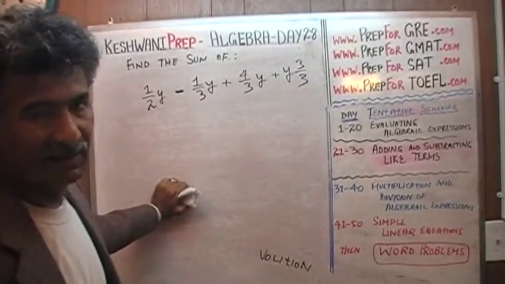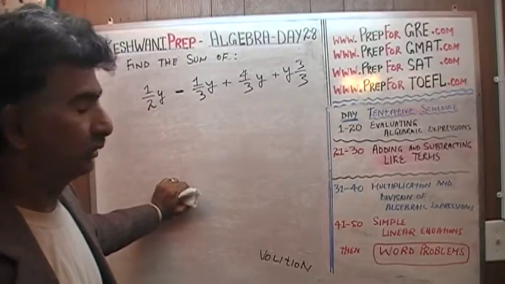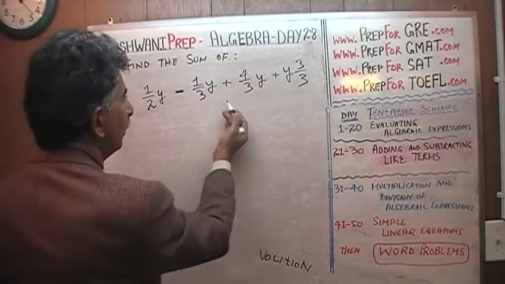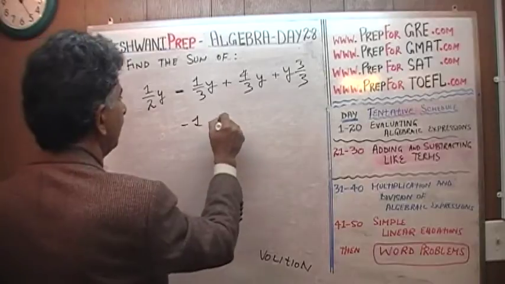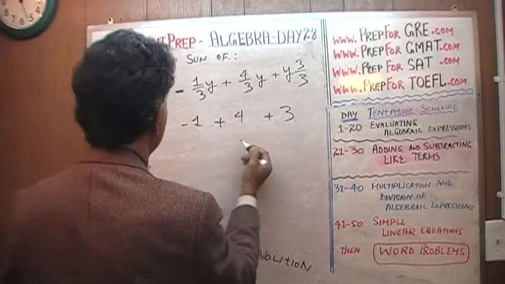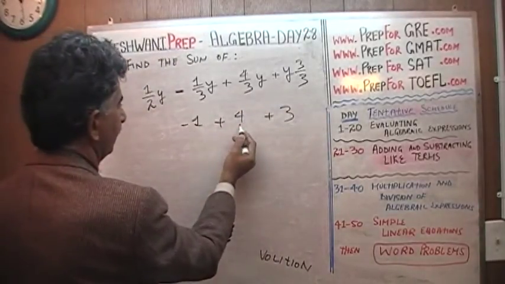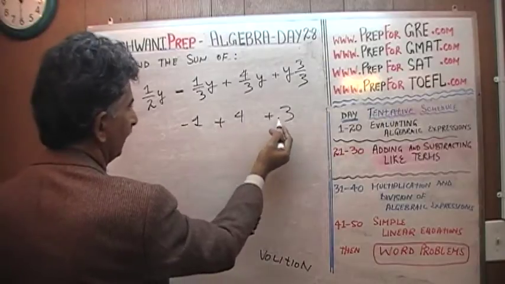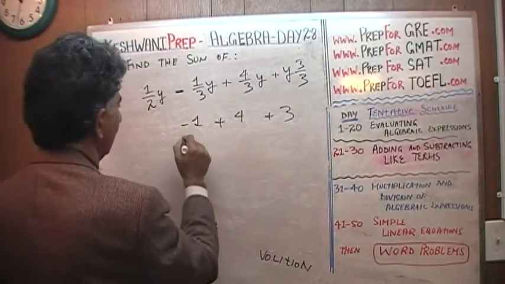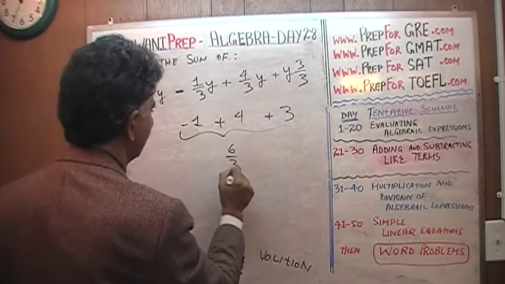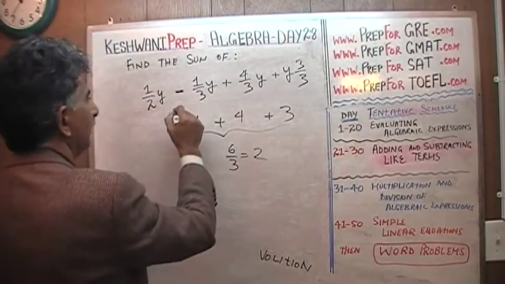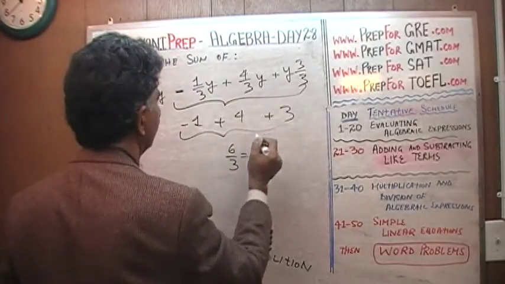So a y is the same as 3y over 3. Now we can combine all the thirds. I have a negative 1, I have a 4 and a positive 3. Negative 1 and a positive 4 is positive 3, and positive 3 more is 6. All of this comes out to be 6 thirds, which is 2. So the sum of these three terms is simply 2y.